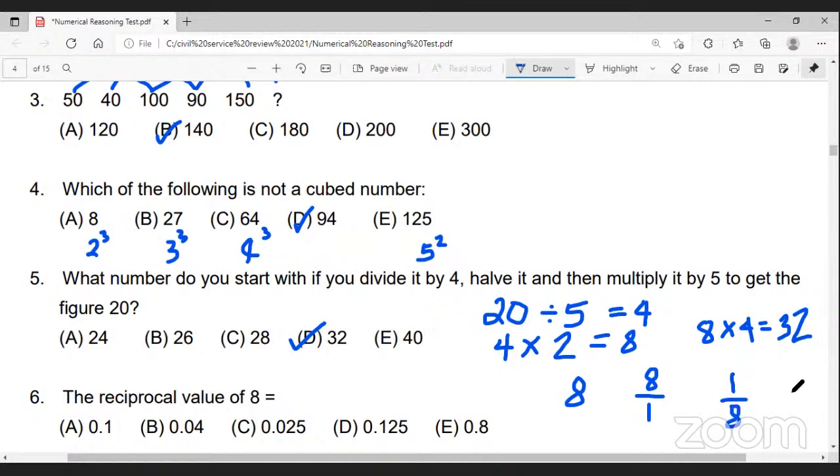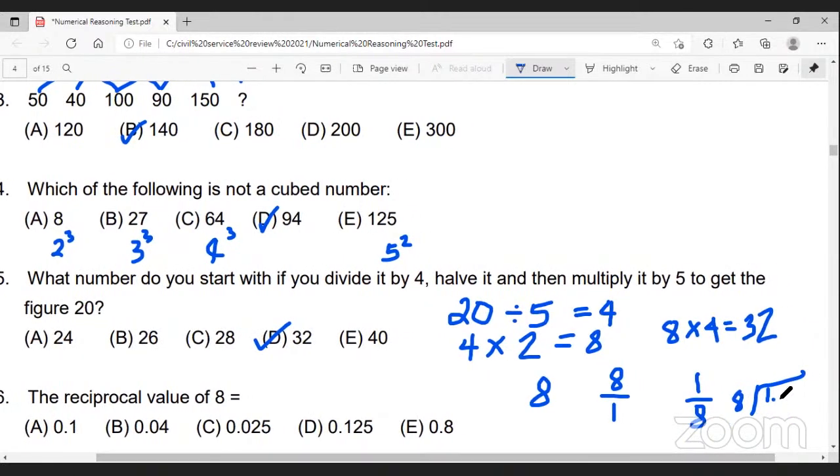And dividing 1 by 8 is, okay. How many 8s are there in 10? Only 1, but still we have 2.